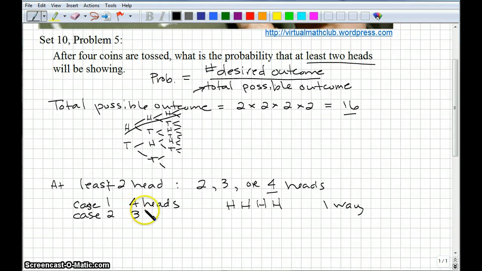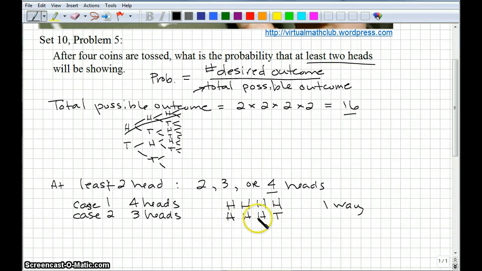Case 2 is 3 heads. Now, that could look like head, head, head, tail. But if you take a look at that, there's just one tail. So getting 3 heads is also getting exactly one tail.